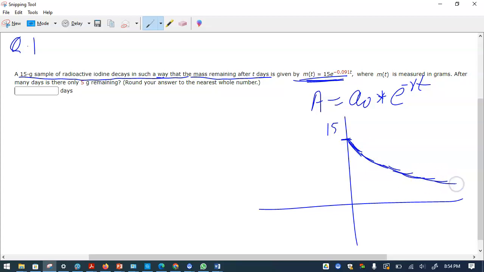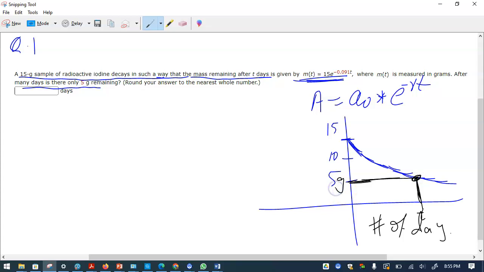Start at 15, and the question is, after how many days will there be 5 grams? So we want to know what this t, the number of days, is for the 15-gram sample of radioactive iodine to be 5. When will it be 5 grams?